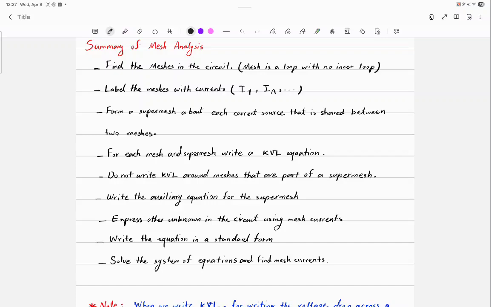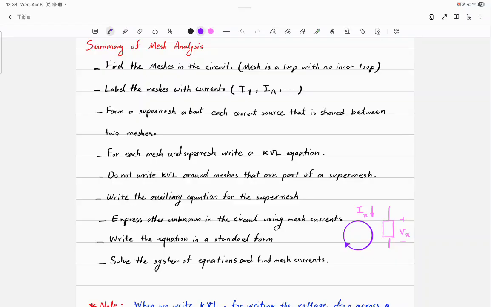How do you write a KVL term of an element like this? If you're moving around the loop like that, how do you write the voltage drop across this element? Plus Vx. Do you have any other option?